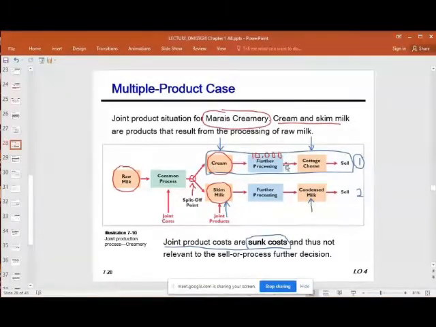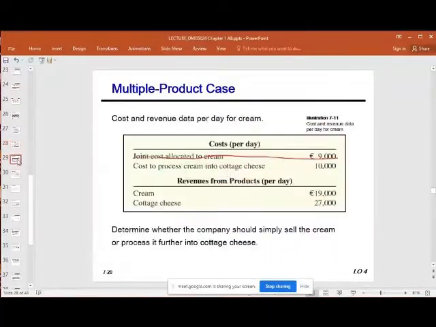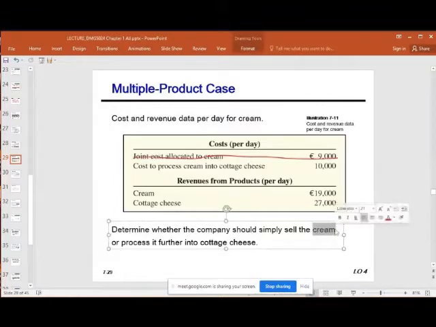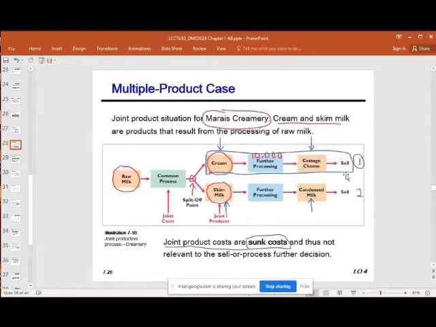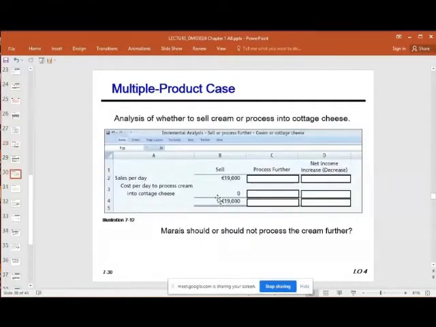After you process further into cheese, you sell at 27,000. So now you determine whether the company should sell cream or process further and sell cheese. So this is the decision. We are looking only at the first one, class. We haven't done the second one yet.